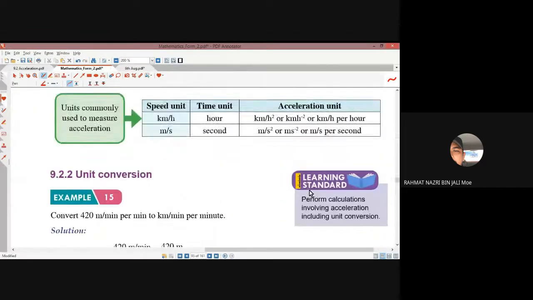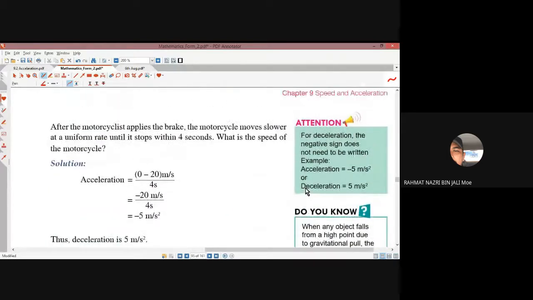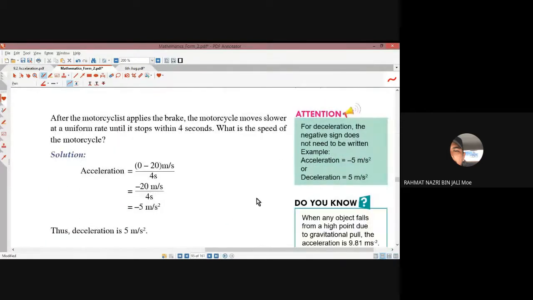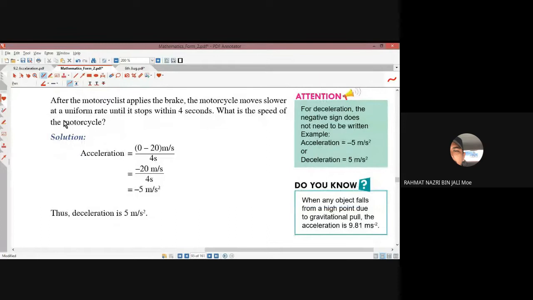Before we proceed, after the motorcyclist applies the brake, the motorcycle moves slower. So this one is deceleration happening at a uniform rate until it stopped within 4 seconds. What is the speed of the motorcycle?